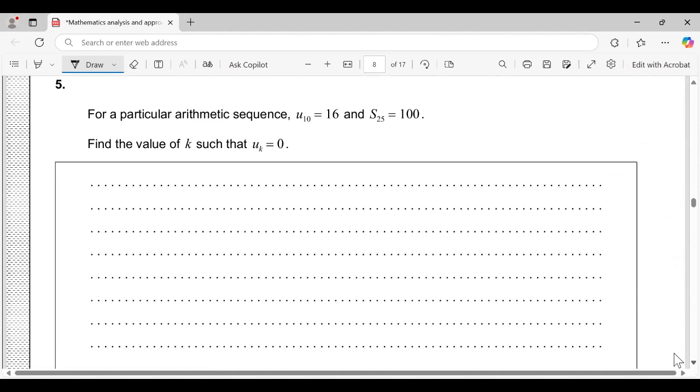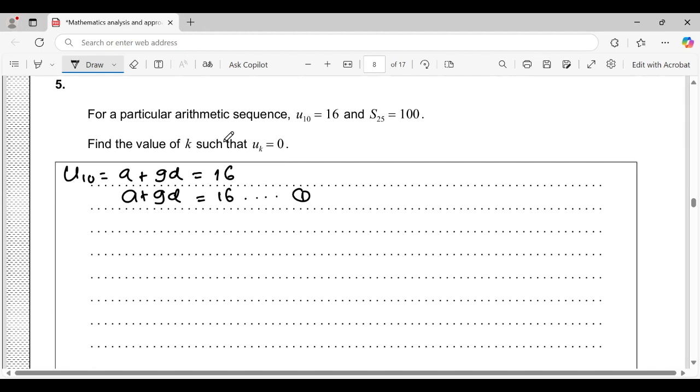So U10, according to the formula of an arithmetic sequence, is a plus 9d equals 16. We can write a plus 9d equals 16. This is the first equation.